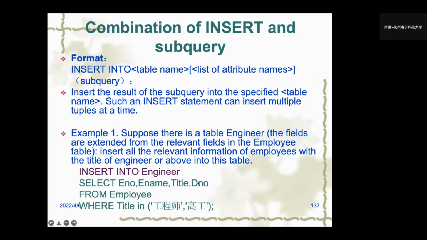This information comes from the employee table, so we write employee, and the condition is that their title should be engineer or above. Here we use an IN to show the title should be in the domain of this range.